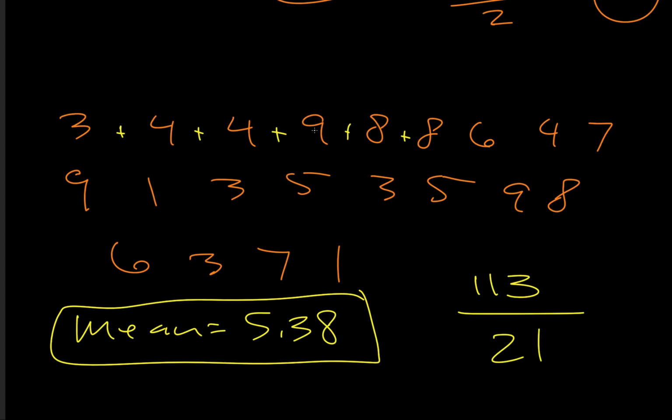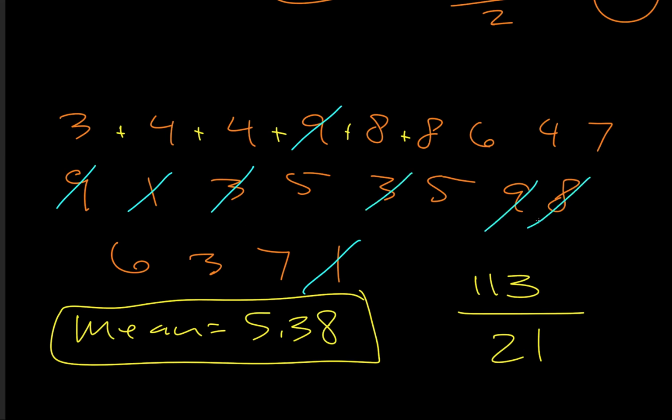Now we're going to find the median. So the median is the middle number. So I'm going to just start crossing out low, high, low, high. The lowest number now is 3. The highest is still 9.